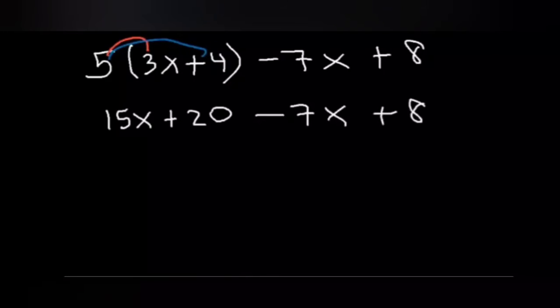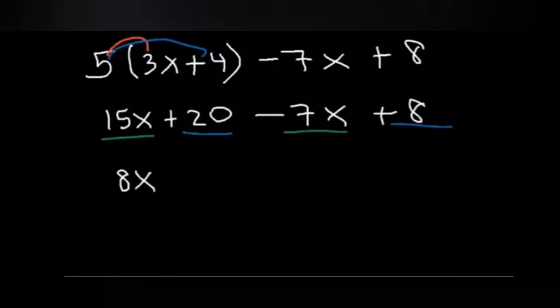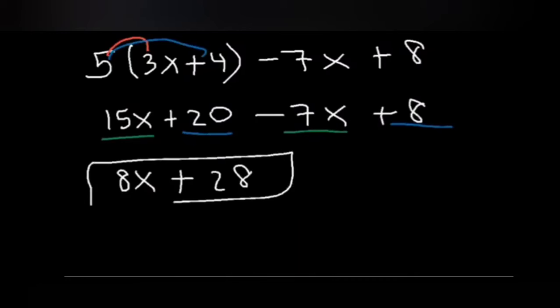Now we collect like terms. 15x and minus 7x are two like terms. That gives us 8x. 20 and 8 are like terms, and that gives us plus 28 as our final answer.